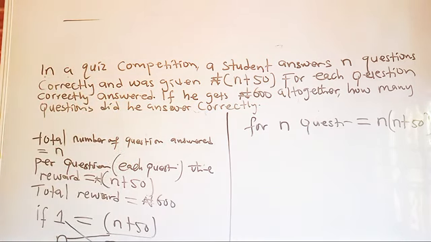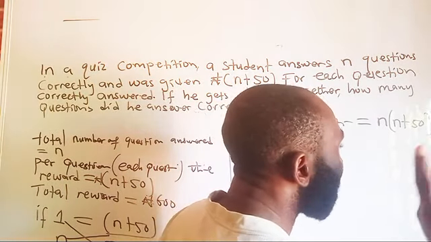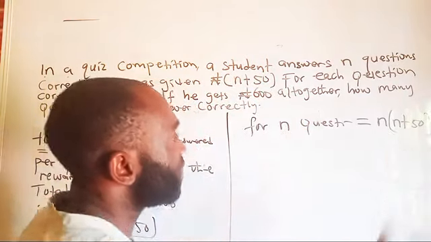That is, we are going to multiply the number of questions answered correctly times the reward for one question. That is what you have for the total.